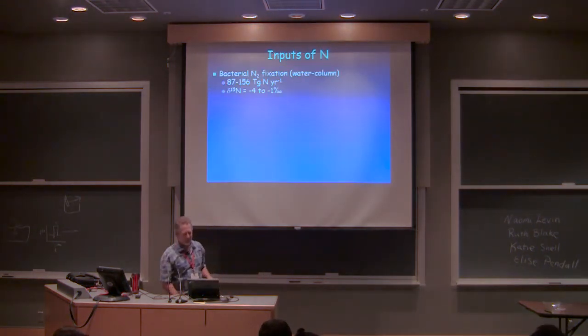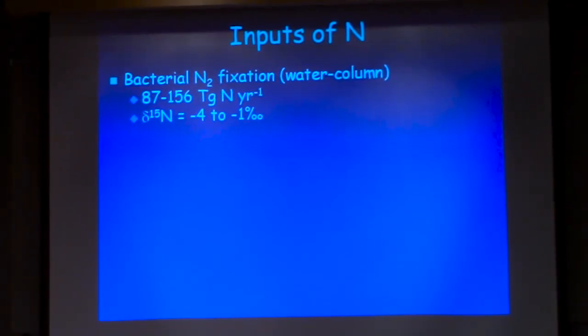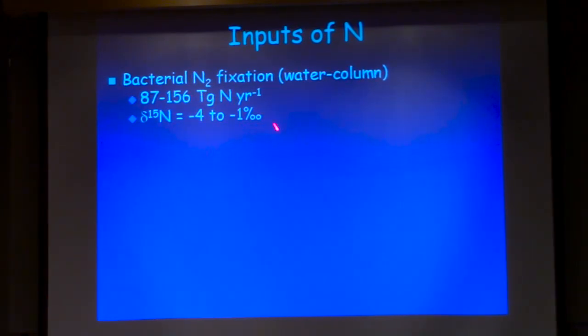Okay, so inputs of nitrogen, let's put some numbers on this. Bacterial nitrogen fixation is around 90 to 160 teragrams of nitrogen per year. There's a small isotope fractionation associated with nitrogen fixation, so the particles that are formed are -4 to about -1.